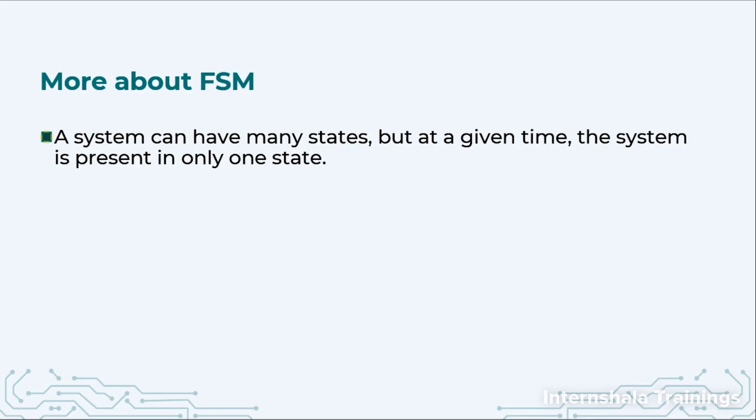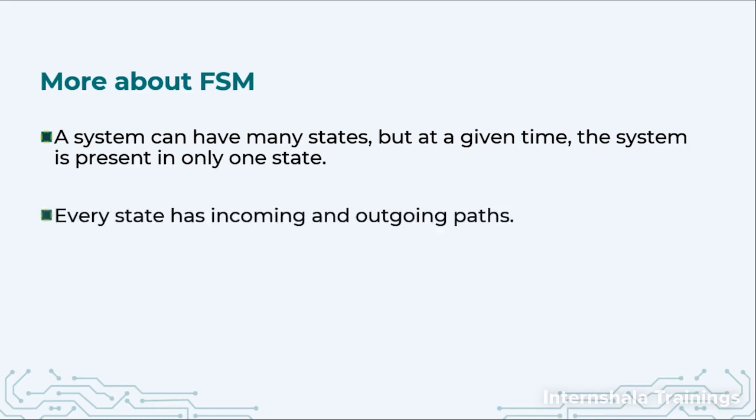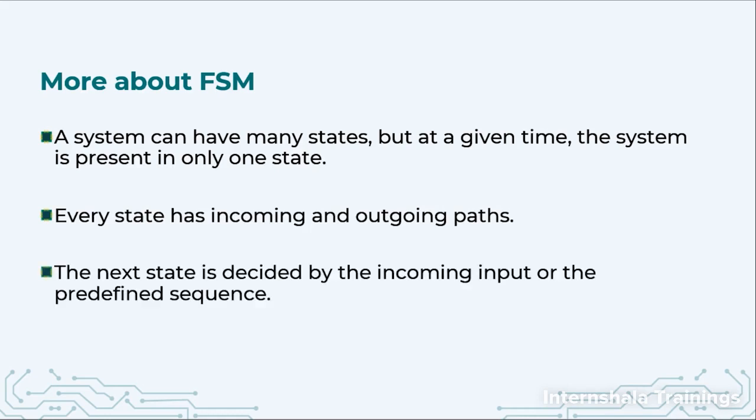It cannot be present in multiple states. Every state will have incoming and outgoing connections. The paths which are incoming to the state will decide where the next path should go, that means where the next state of the system will be.